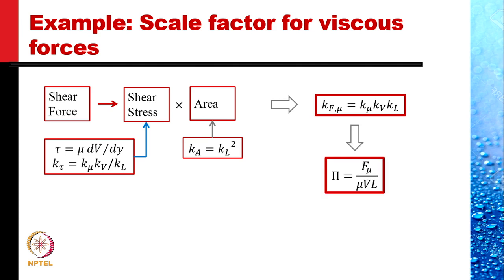This gives you a pi number F mu divided by mu Vl. The scale factor for viscous forces divided by the characteristic value of the viscosity, the velocity and length should be same in the prototype and in the model.